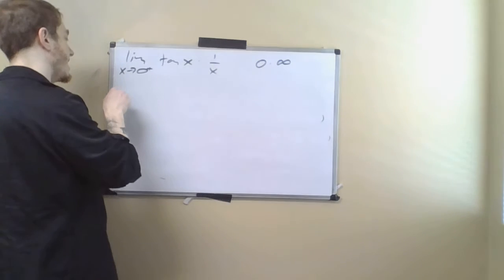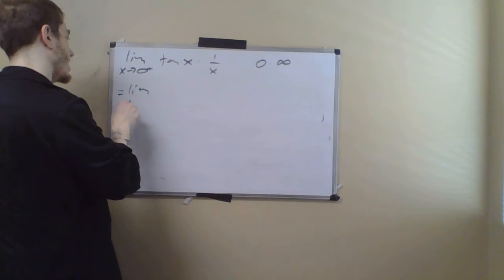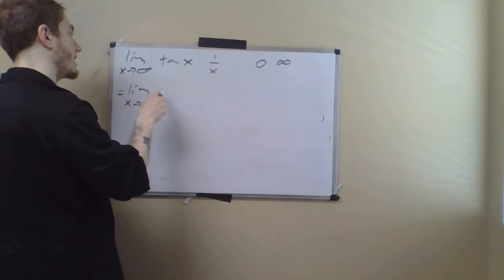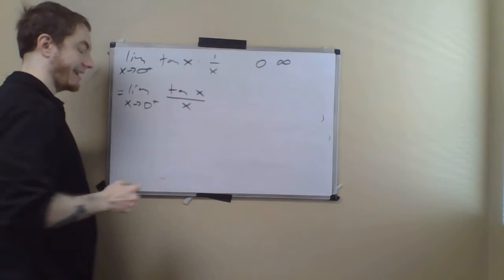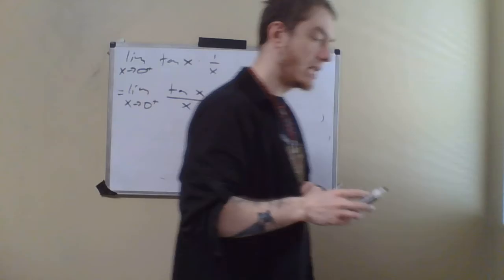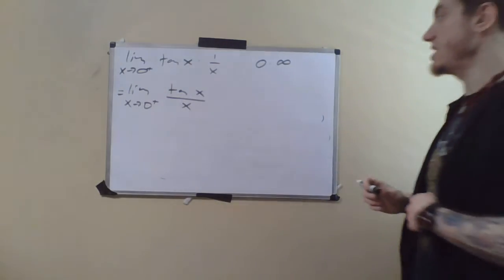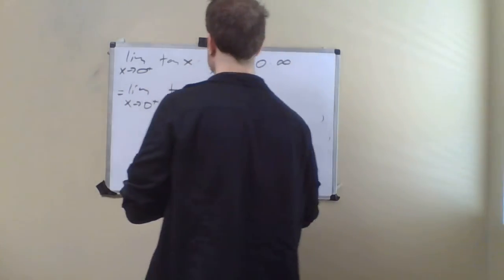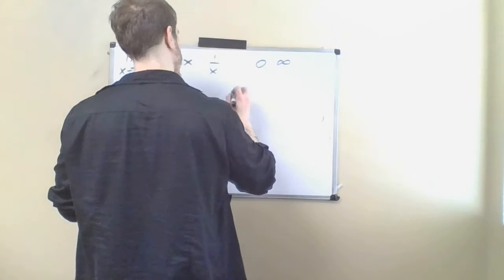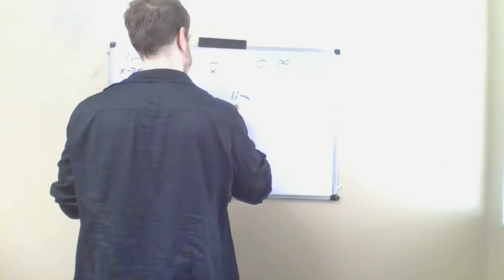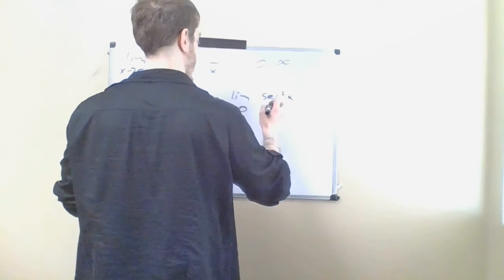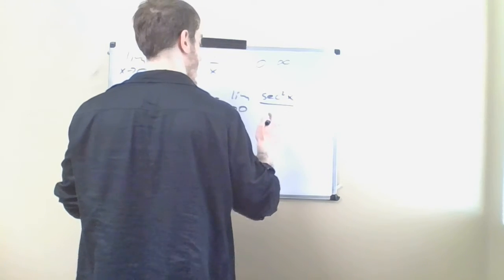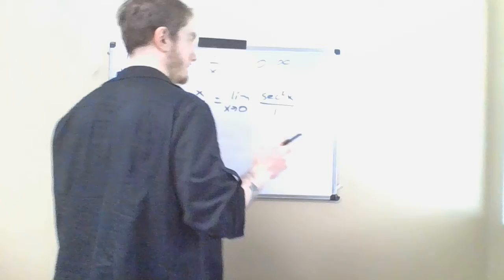But what I can do is I can think of this really as the limit as x approaches 0 from the right of tangent x divided by x. And then I can take the derivative on the top and the bottom. So this is going to become the limit as x approaches 0 of secant squared x divided by 1.